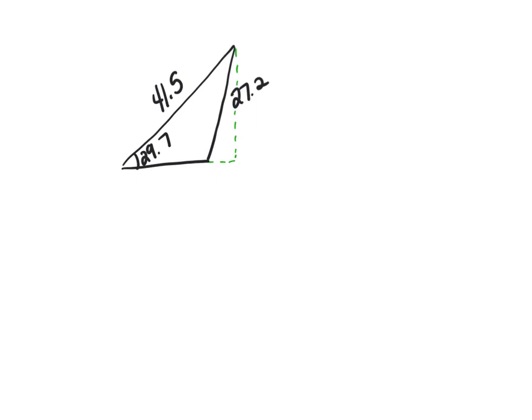So here's what we're going to do. We can make another triangle here using these two sides, right? So this is going to be an isosceles triangle on either side of the height, meaning this side was 27.2, this side is 27.2. And so what we can do is pull this little triangle out.